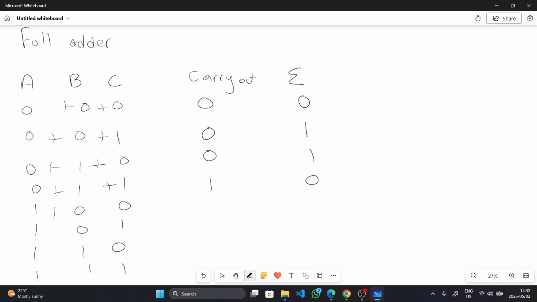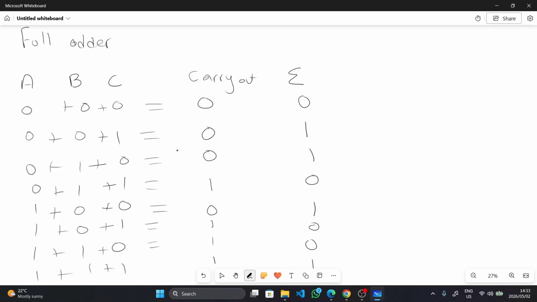Then 1 plus 0 plus 0, carry 0, sum is 1. Then 1 plus 0 plus 1, carry 1, sum is 0. We do the same for 1 plus 1 plus 0, carry 1, sum 0. Then 1 plus 1 plus 1, carry 1, sum is 1. So this is our truth table for the full adder.